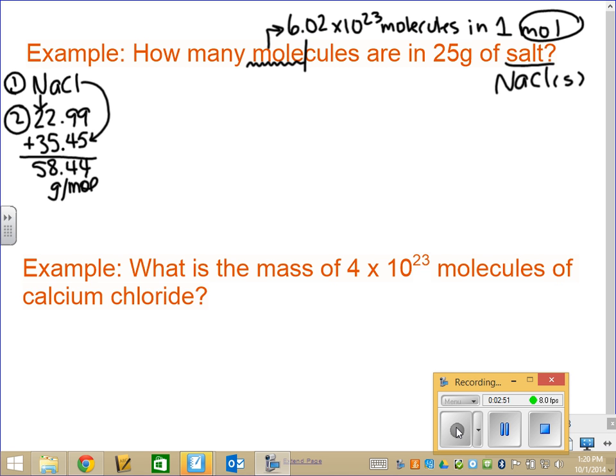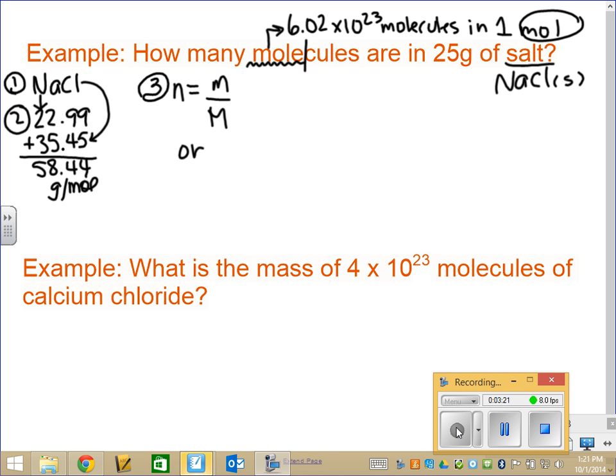So that's the first step, same as what we did yesterday. Next thing is that we know, because I just told you, if I ask you about molecules, what I'm really asking you is find out how many moles there are first. So I'm going to calculate how many moles there are. I have two choices. I could use the formula, or I could make units cancel out.